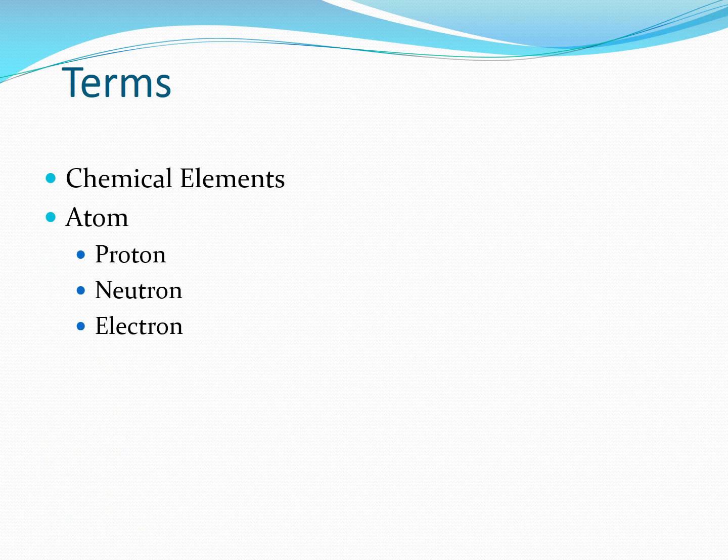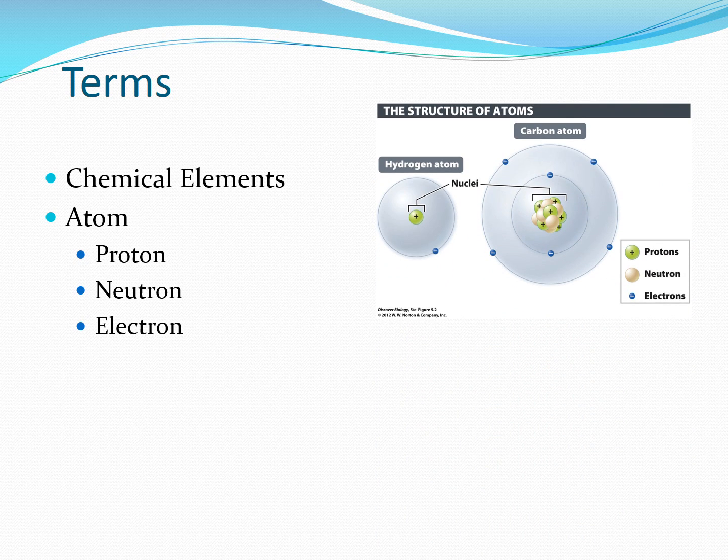So what do you need to know for biology this semester of these chemical terms? The first is that there are chemical elements, and they're comprised of atoms, and they have smaller components called protons, neutrons, and electrons. On the far upper right, you're going to see atoms like carbon, hydrogen, oxygen, nitrogen. You can see the carbon atom has these small green elements that are called protons.